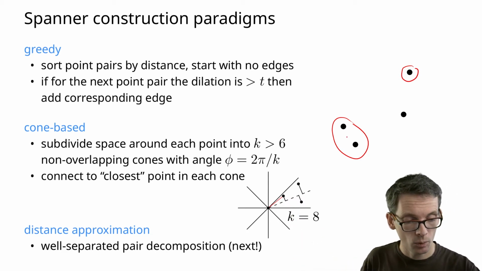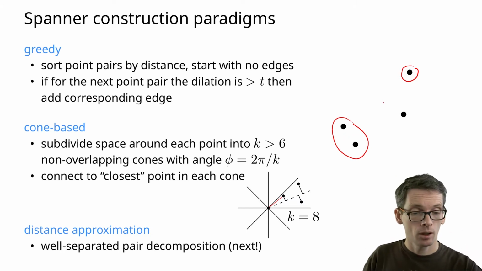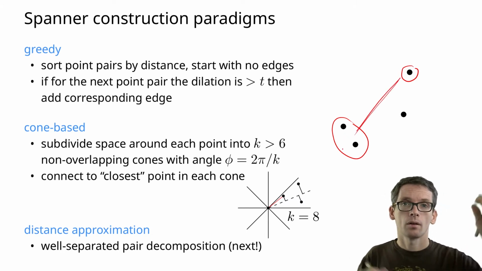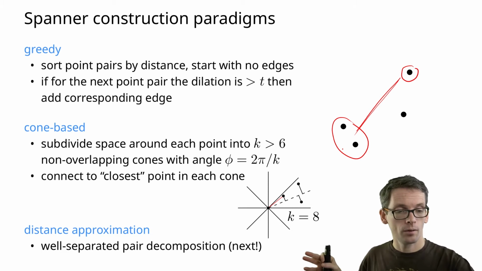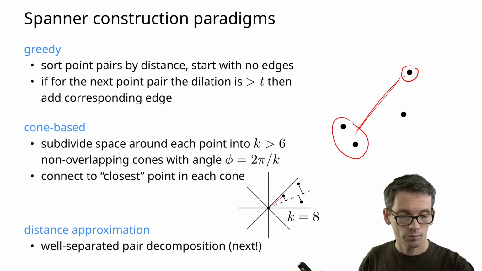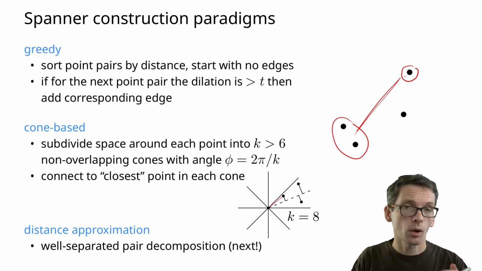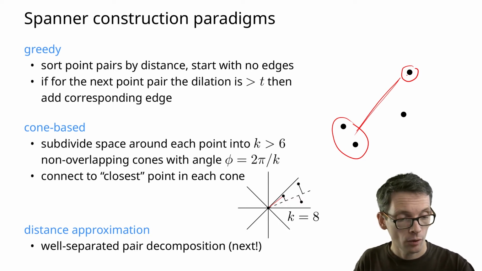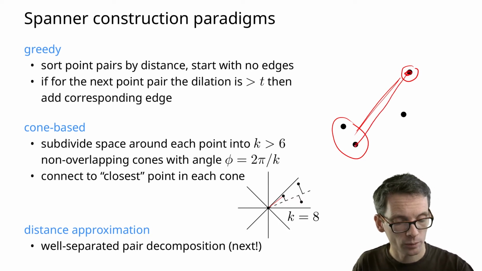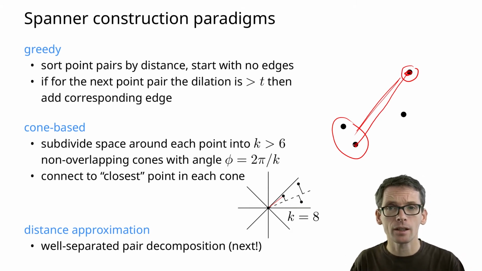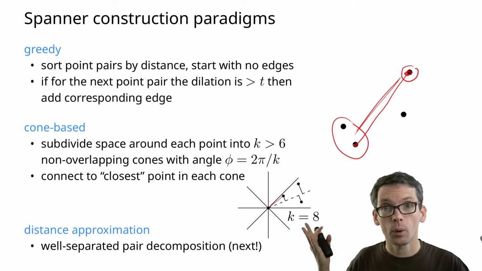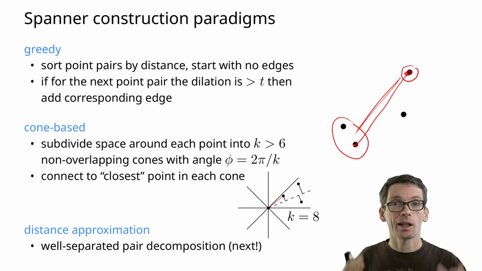So the distance between these 2 points relative to the distance between that point up there and those points, so the distance between those two is fairly small, so I will definitely only need one edge from up here to one of those, and so on. And that's the idea of distance approximation, and that's the idea of a well-separated pair decomposition. So let's have a closer look at that next.